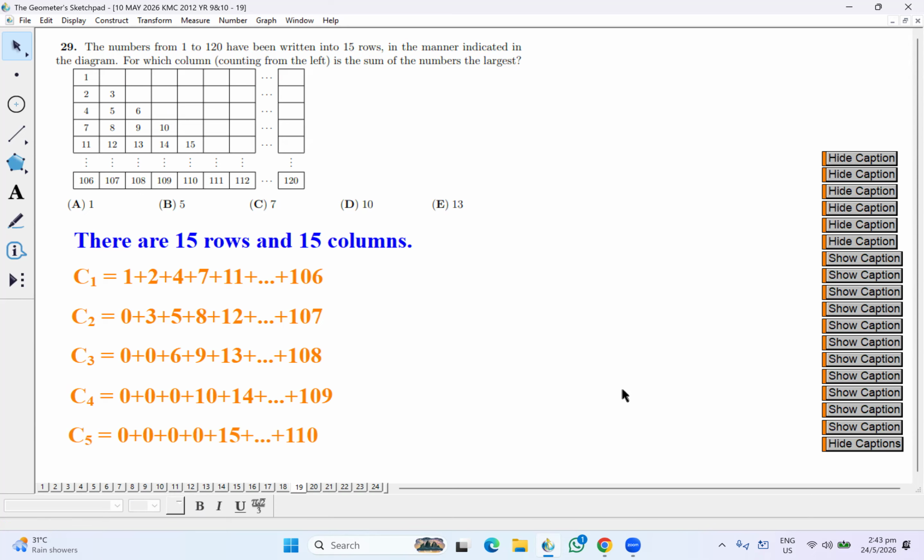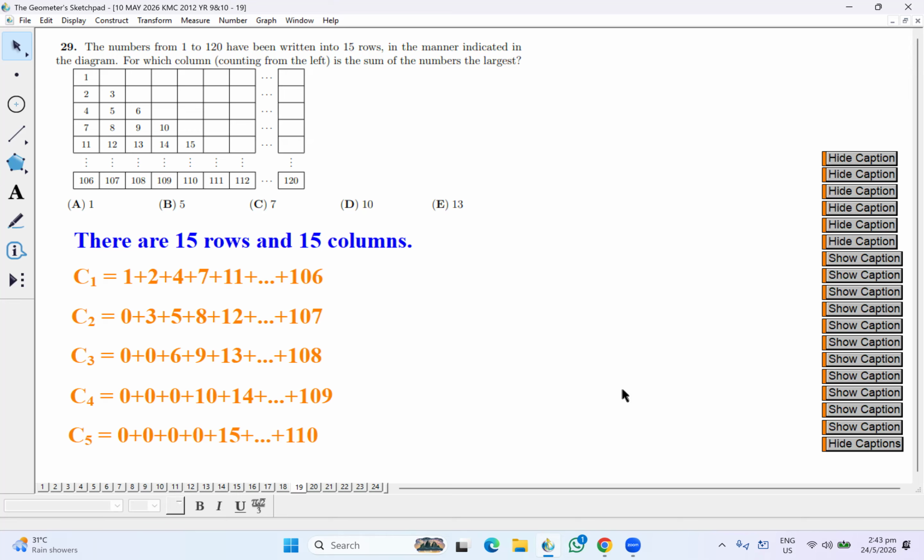So we now try to find a pattern to help us know which column is bigger. We can see that column 1 is smaller than column 2. We don't want to know the total, although if we add up, we can know.